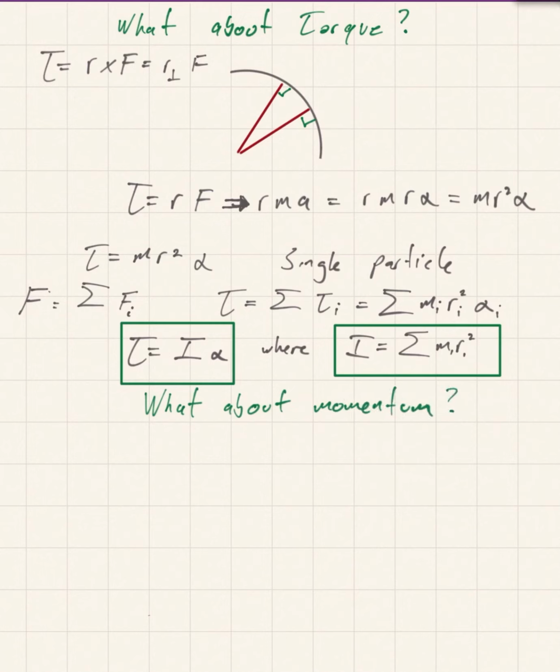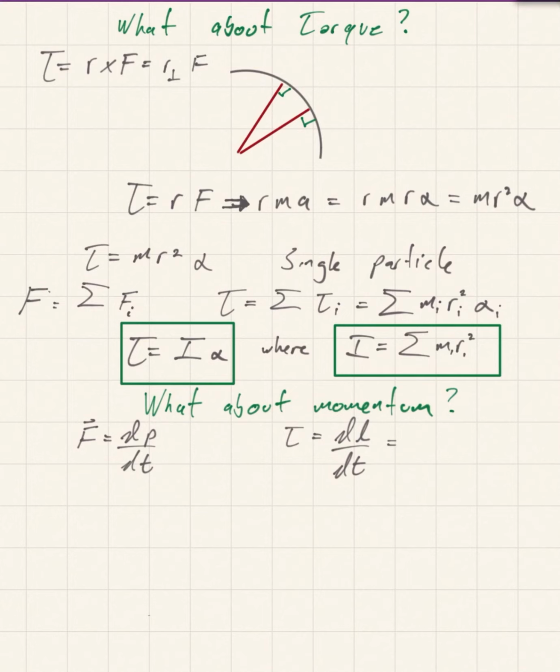Now, what about momentum? So you may recall that we had a definition for force that said that force is equal to the time derivative of momentum, the rate of change of momentum with respect to time. So similarly, we may be able to come up with an expression that says something like torque is equal to the rate of change of angular momentum with respect to time.